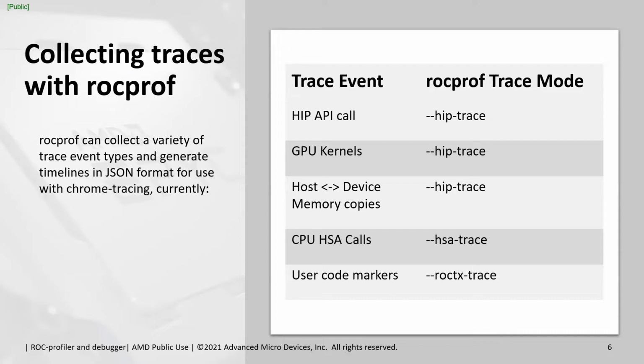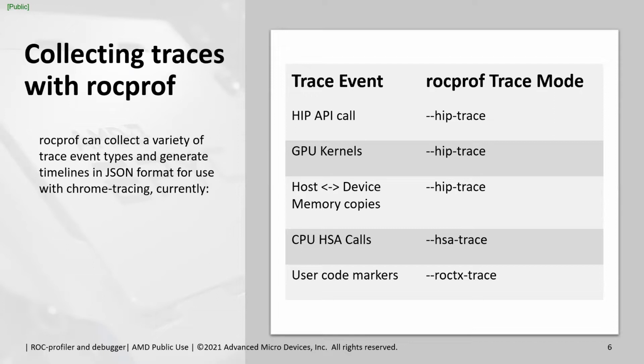rocprof allows you to collect a variety of trace event types. And essentially for all of these, it generates a JSON file that, as I mentioned, you can open in Chrome tracing in your Chrome browser. So if you're interested in collecting the hip APIs that are in your kernel and the GPU kernels, you use the hip trace mode.